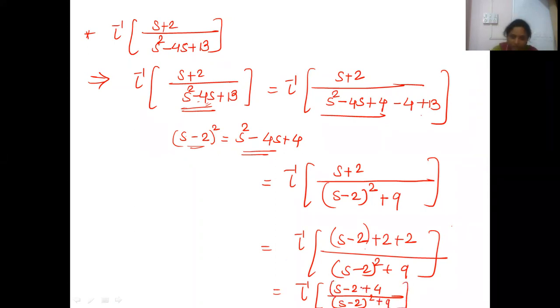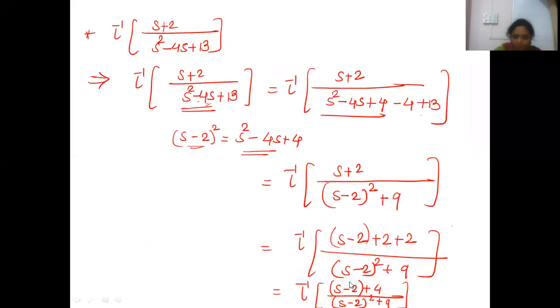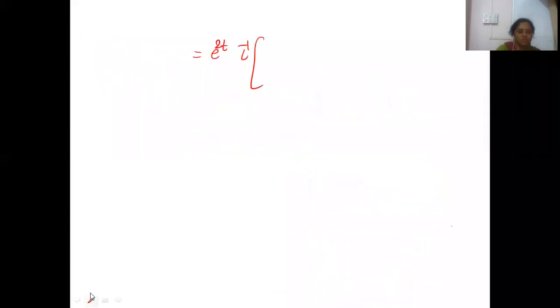Now wherever there is s, it is s minus 2. Yes. So it becomes e raised to 2t into Laplace inverse of s plus 4 upon s square plus 9.